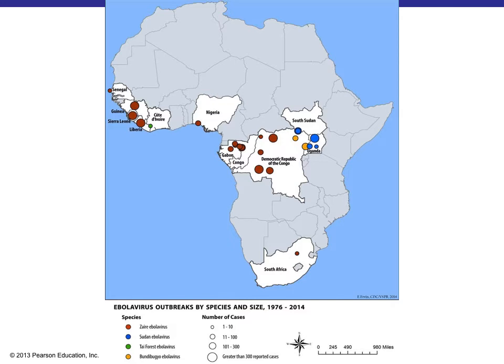You can see mostly in Central and West Africa, notably those outbreaks in Sierra Leone, Liberia, and Gabon in recent years.